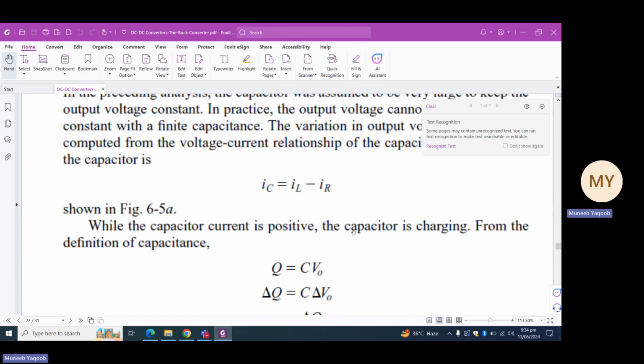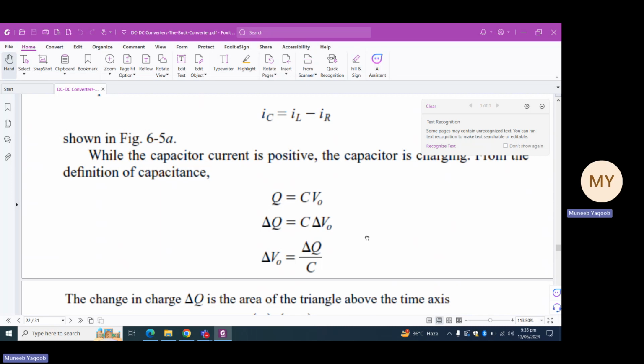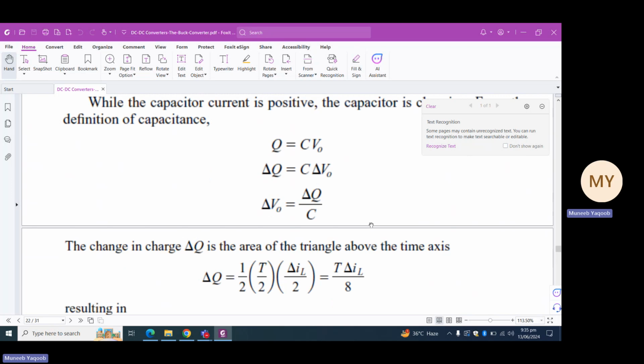Now, we know that the charge is basically capacitance times the output voltage. So for a small charge, we can write this equation as del Q equals C times del V. Now del V is basically the ripple voltage. So we can say that del V, that is the ripple voltage, is equal to del Q upon the capacitance.